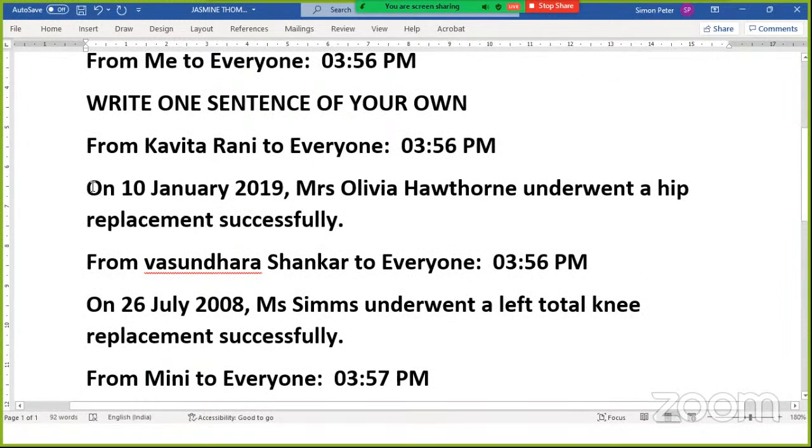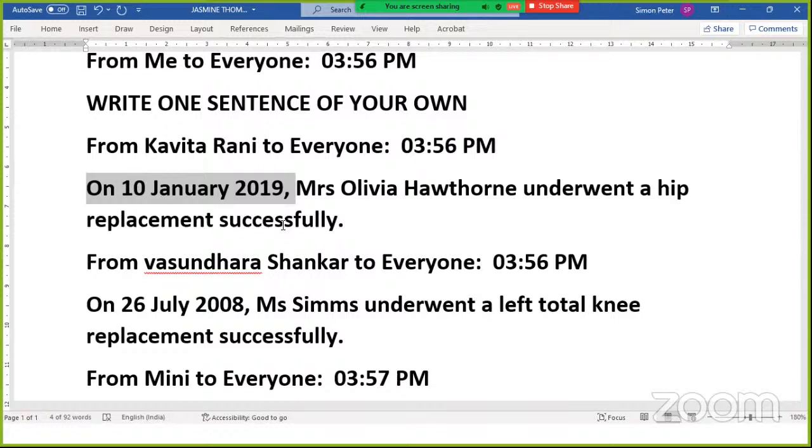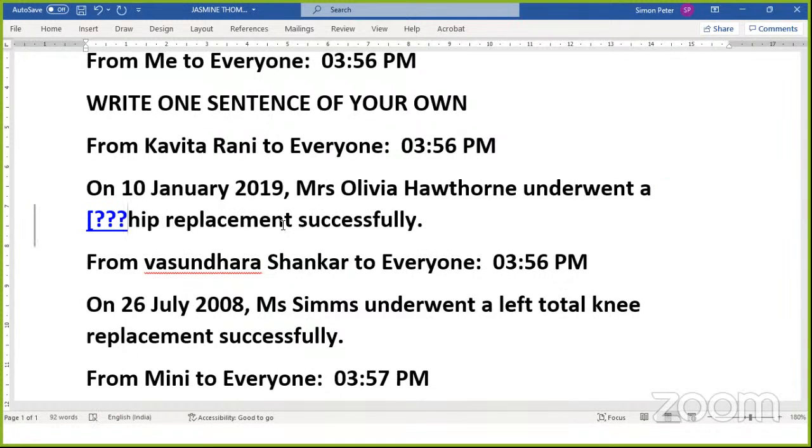Next one, Kavita. Kavita, unmute, please. On 10 January 2019, Mrs. Olivia Harden underwent a hip replacement successfully. Again, the same point. That means you don't know very clearly what to do with this hip. I feel there is some confusion.